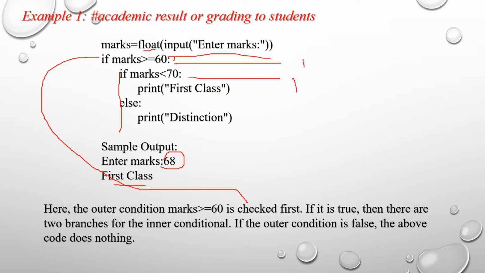If the outer conditional is false, the above code does nothing. So if this condition is true, then the Python interpreter is going to check the two conditions. Two branches for the inner conditionals: this is the one branch and this is the other branch.